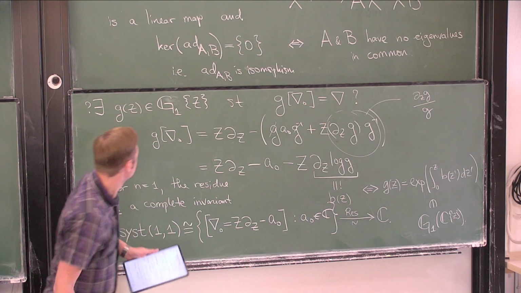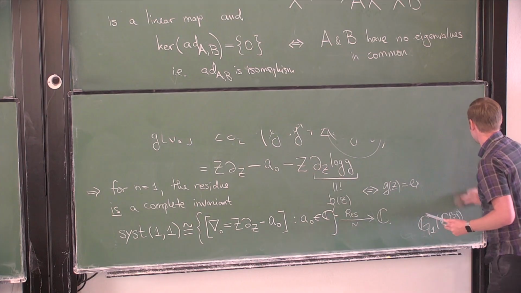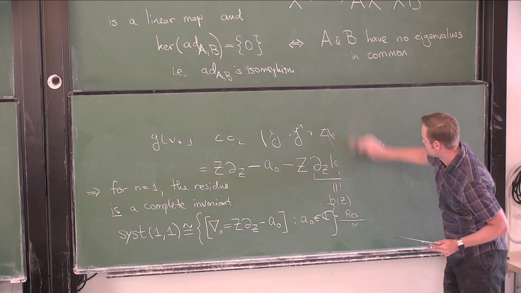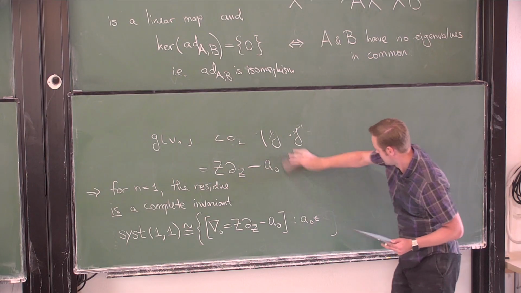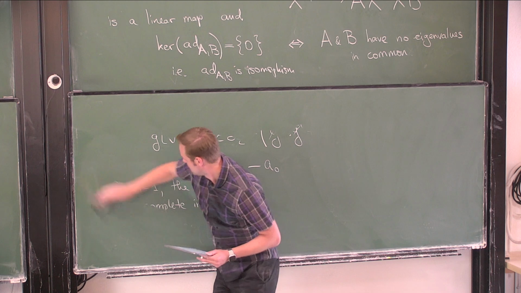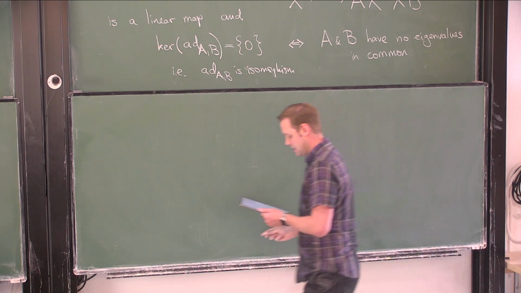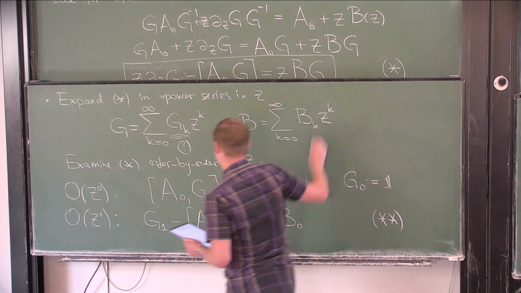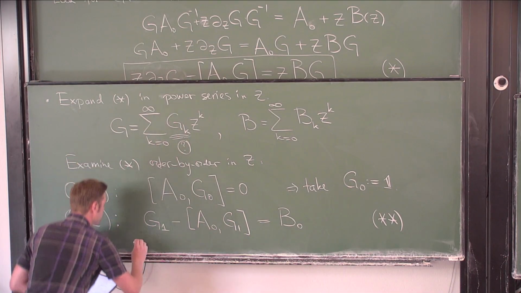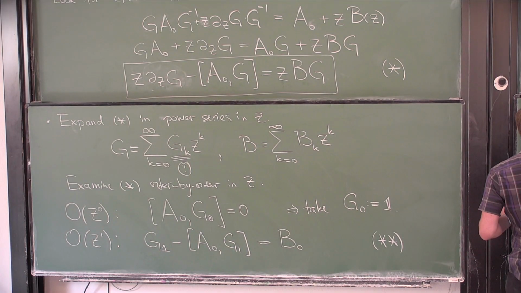Okay, how is that going to help us? Well, it's going to help us because the left-hand side of that equation, double star, is exactly of this form. So let me rewrite this. Sorry to come back to this, but let me rewrite this.